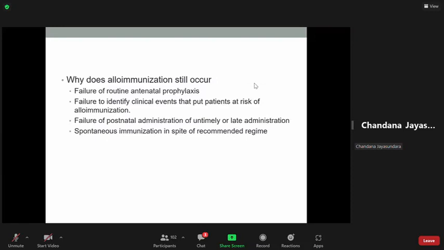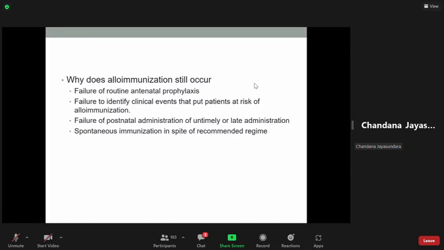It might be due to failure of routine antenatal prophylaxis, not identifying a clinical event as a sensitizing event, giving the postnatal dose late, or spontaneous immunization in spite of the recommended regimen. Ideally, we have to achieve 100% coverage so that we will not have this problem in the future.